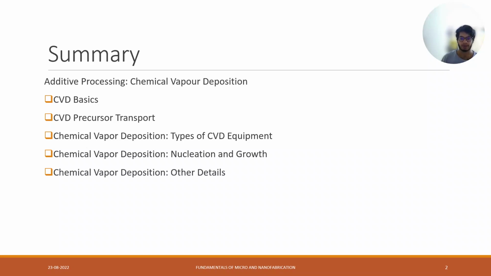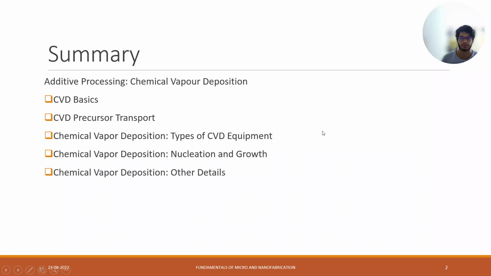Then we covered the theory of nucleation and growth and how to control them. The last video is on other types of CVD and other controls which can be used for getting a thin film using CVD systems.